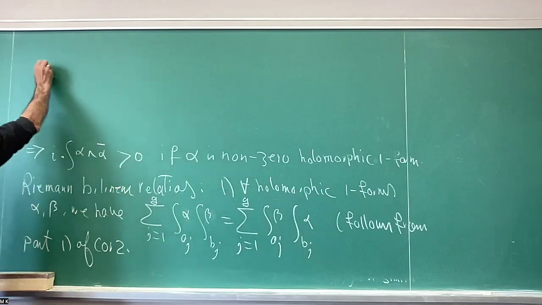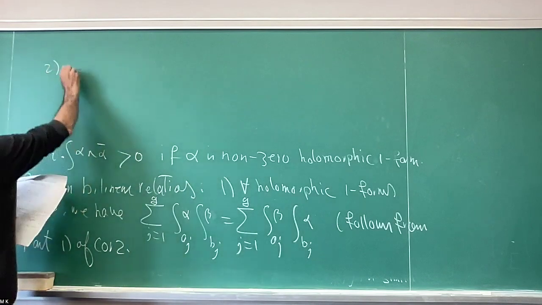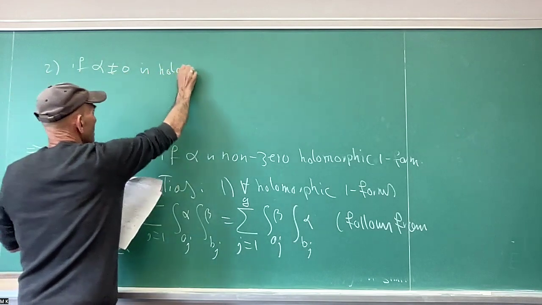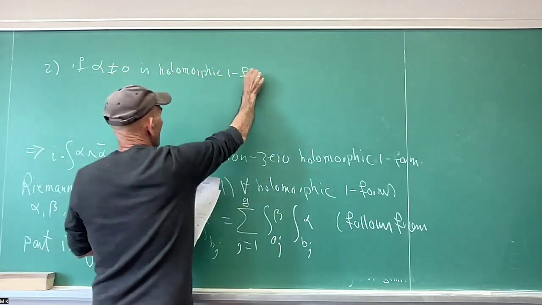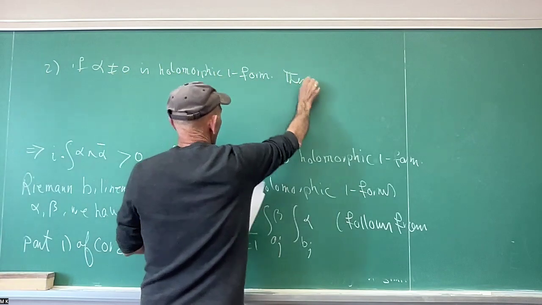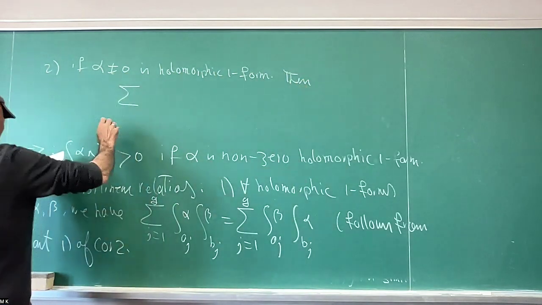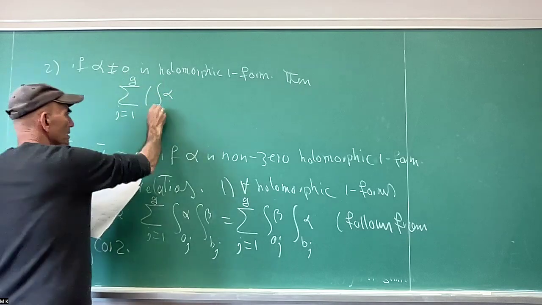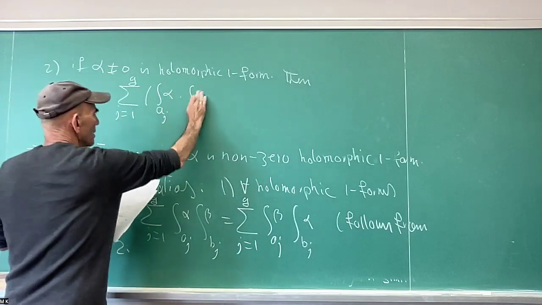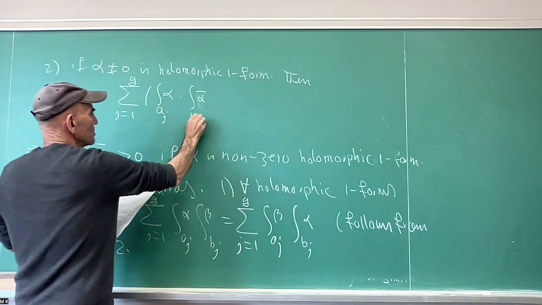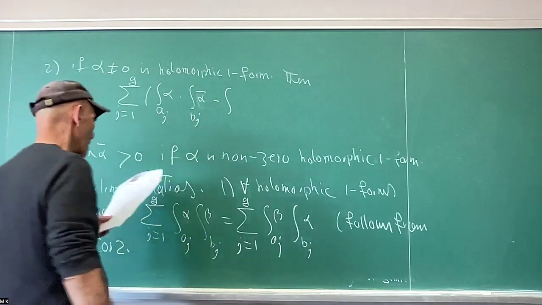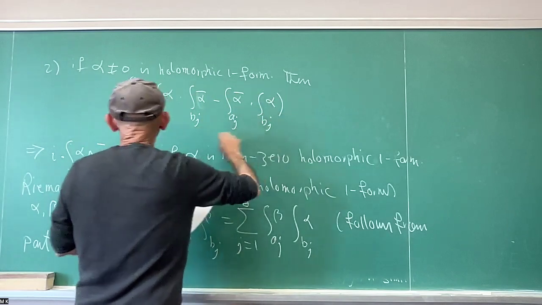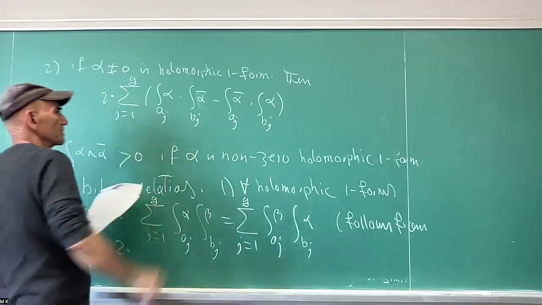Now, part two is that if alpha is a non-zero holomorphic one form, then the sum over j from 1 to g of the integral of alpha over a_j times the integral of alpha bar over b_j minus the integral of alpha bar over a_j times the integral of alpha over b_j, and if you multiply everything by i, this is strictly positive.